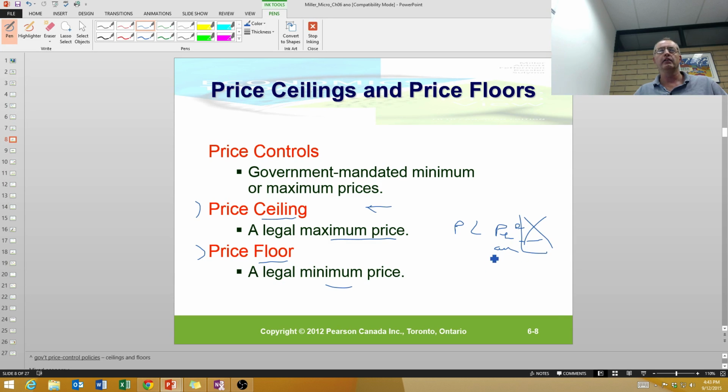It's underneath it. And likewise for the floor price, here's the equilibrium price. The minimum price is actually above. The price is greater than the equilibrium price. So it's a floor, but it's higher than the equilibrium price. Anyways, it's a little bit of a counterintuitive angle to this thing, but what the heck.